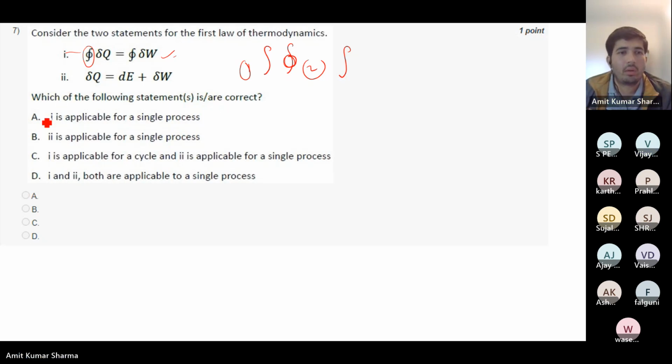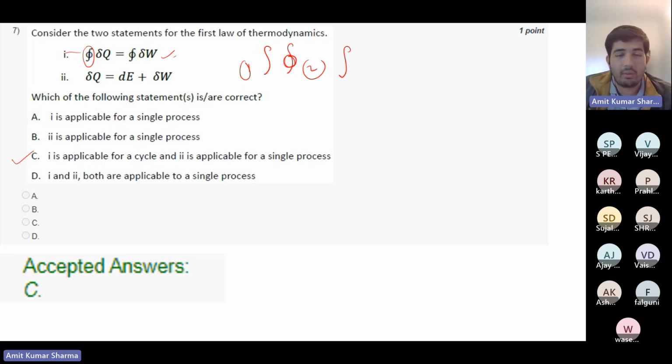Okay, now come to option C. Statement 1 is applicable for a cycle and statement 2 is applicable for a single process. C is right. And option D: first and second both are applicable to a single process. It's wrong. So basically option B is correct and C is correct. But they have given only option C as correct.